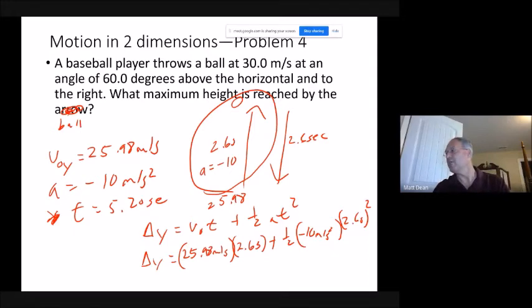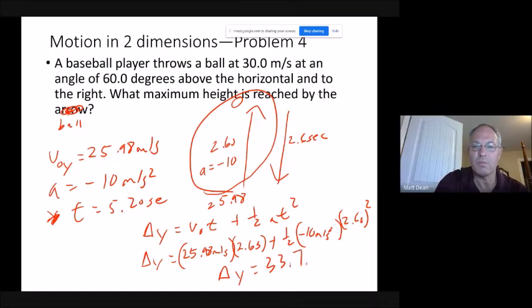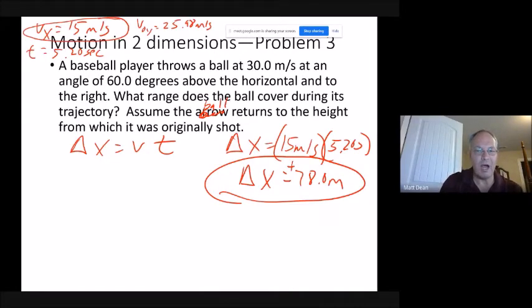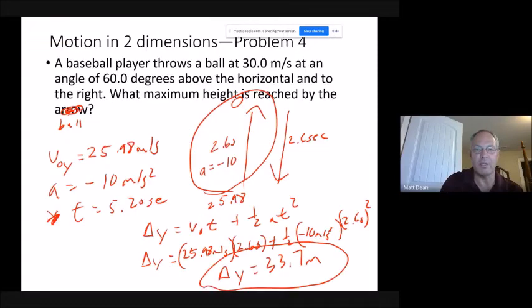All right, if we do the math on all that, it's looking like we end up with a maximum height of about 33.7 meters. So the ball goes up 33.7 meters, and we calculated in the previous problem that it went out to the right 78 meters.